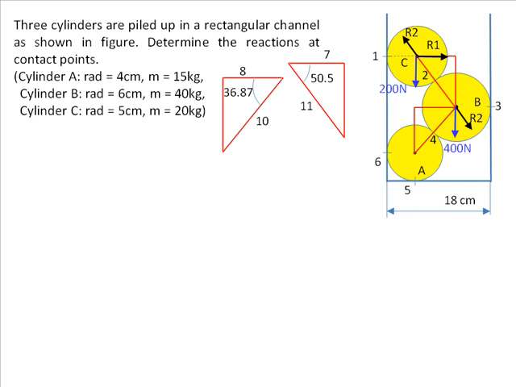Similarly, we draw the free body of B: the weight, R2, R3, and it touches the lower cylinder at 4, so R4 comes out.